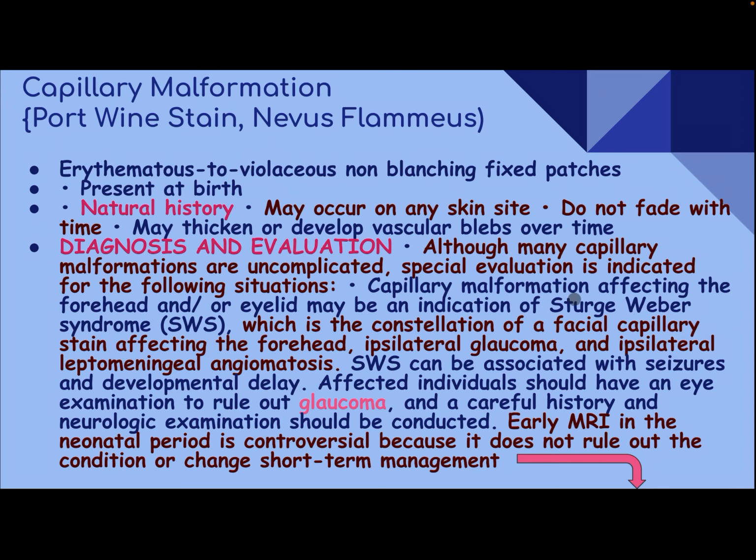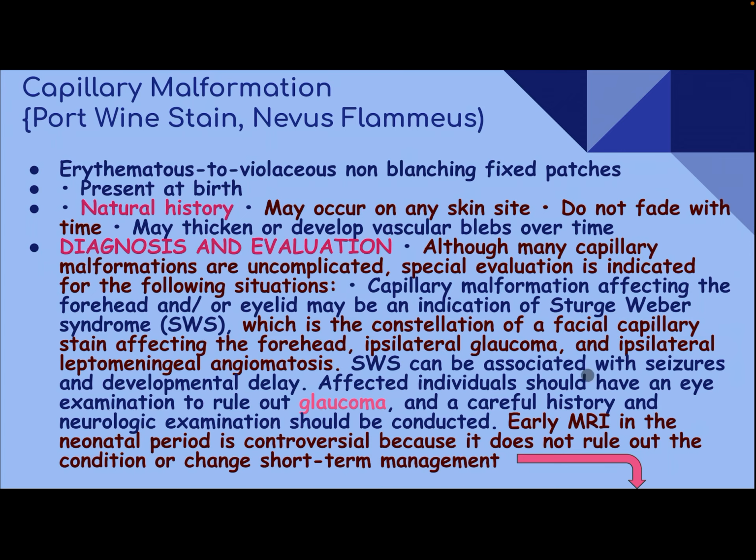Capillary malformation affecting the forehead and/or eyelid may be an indication of Sturge-Weber syndrome, which is a constellation of facial capillary stain affecting the forehead, ipsilateral glaucoma, and ipsilateral leptomeningeal angiomatosis.